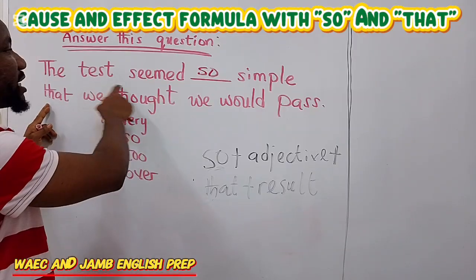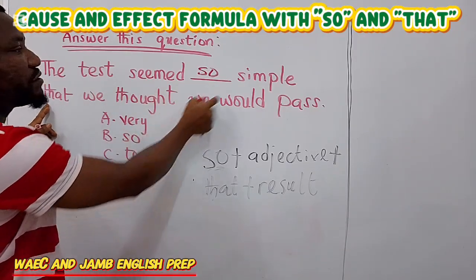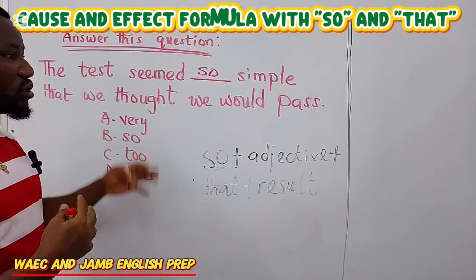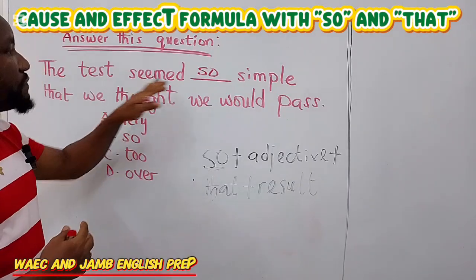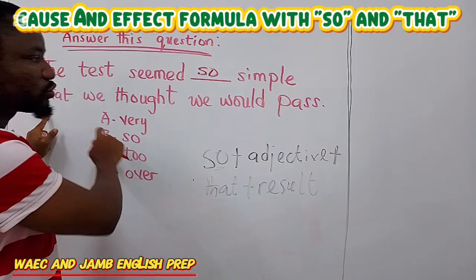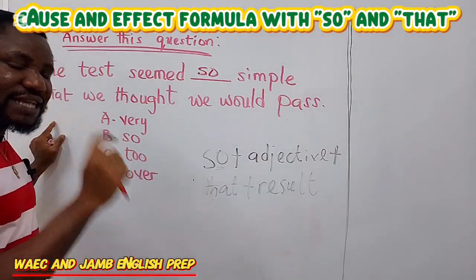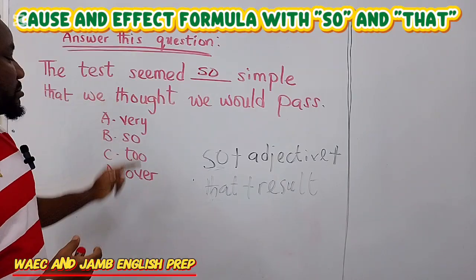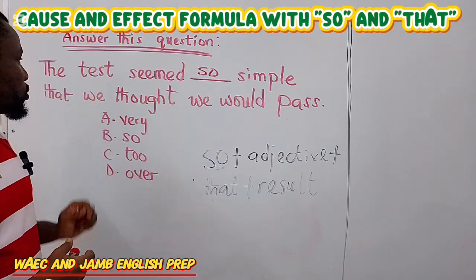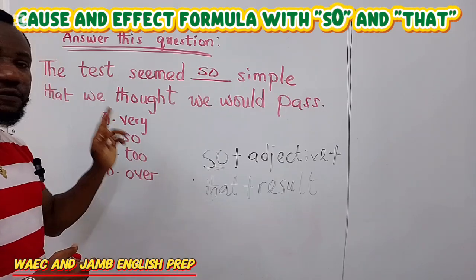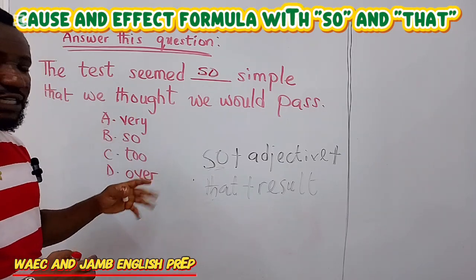So you can have "the test seemed very simple that we thought we would pass." Of course, very simple is correct as an expression, but in the structure of cause and effect, it is incorrect. And option C, "the test seemed too simple that we thought we would pass," also does not fit into the structure of cause and effect.